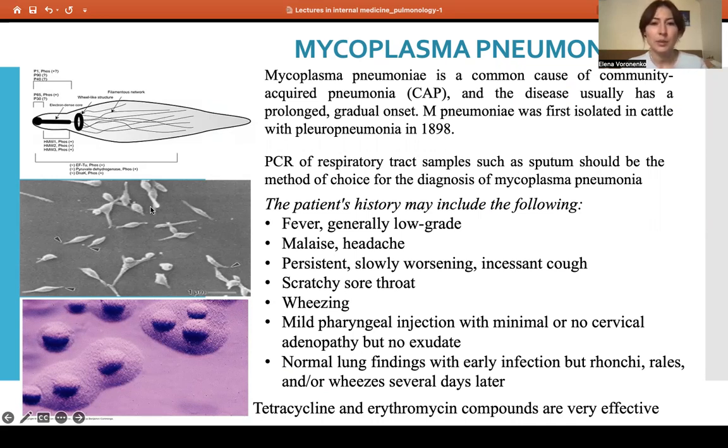The patient's history may include the following: a fever, generally low grade, malaise, headache, persistent, slowly worsening, incessant cough, scratchy sore throat, wheezing, mild pharyngeal injection with minimal or no cervical adenopathy but no exudate. Normal lung findings with early infection but rales and wheezes several days later.